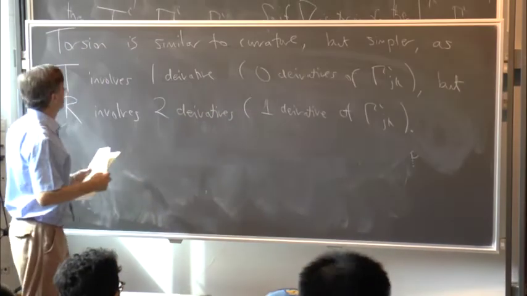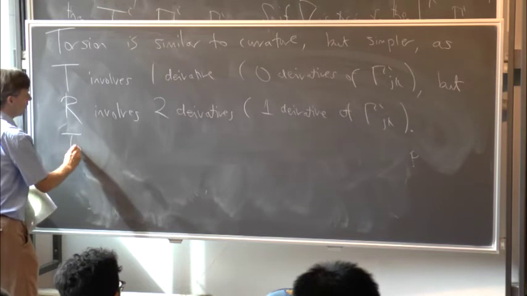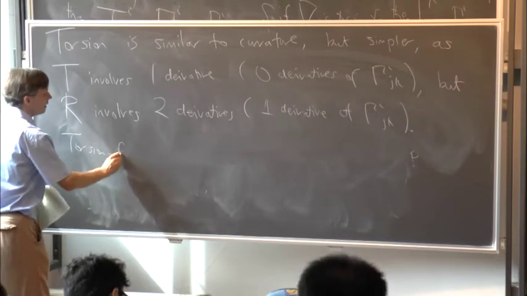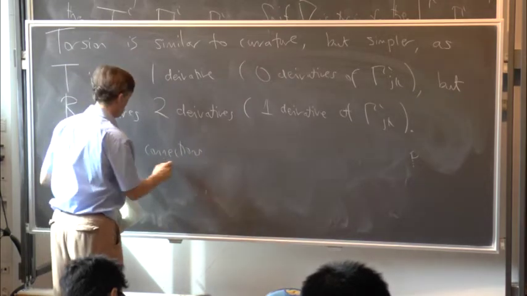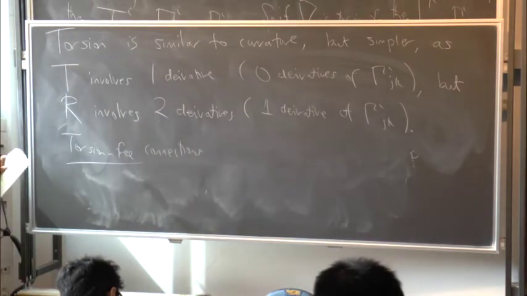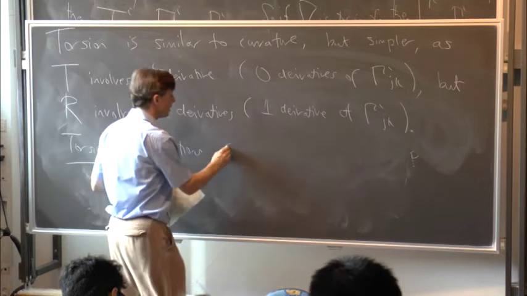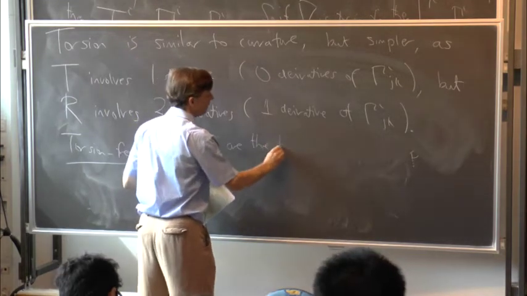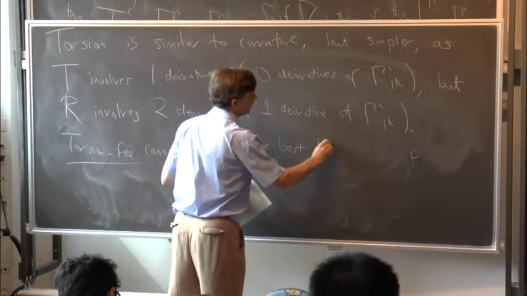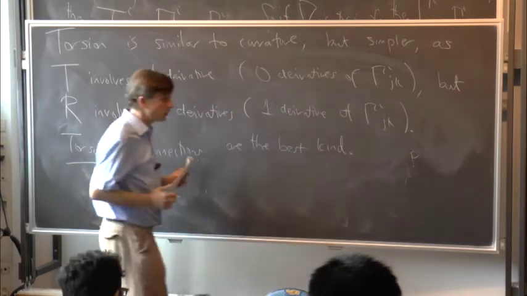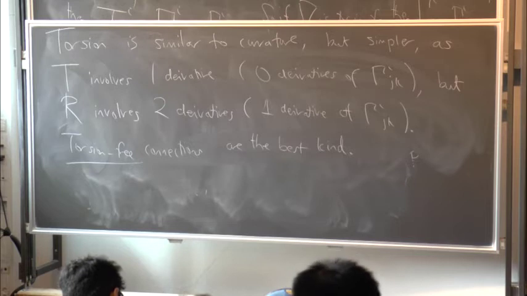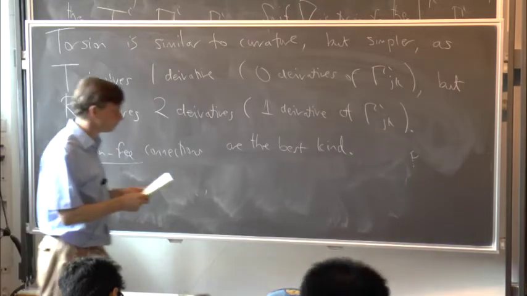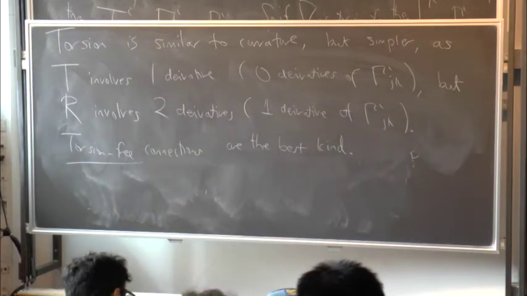And our view is that torsion-free connections, that is, connections whose torsion is 0, are the best kind. So if you have to choose a connection on the tangent bundle, it's best to choose a torsion-free one if you can. Okay.